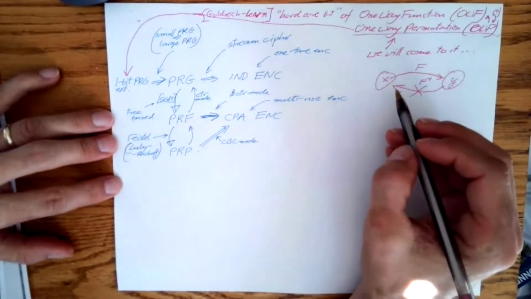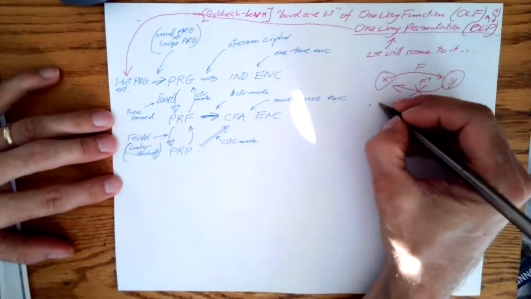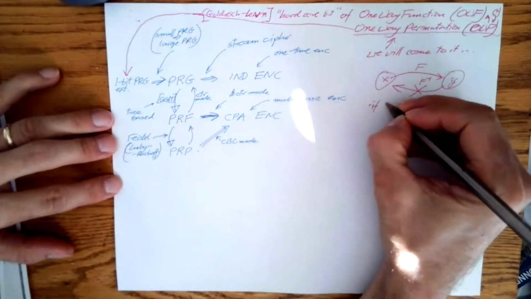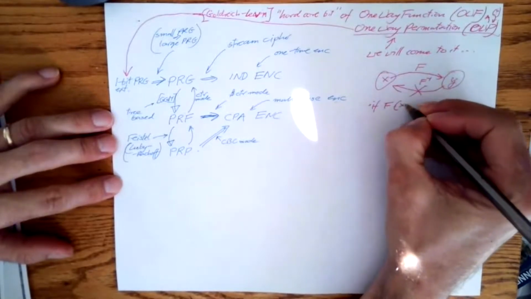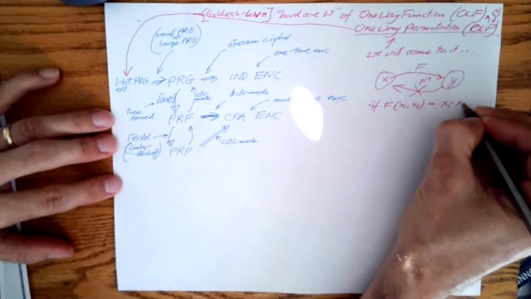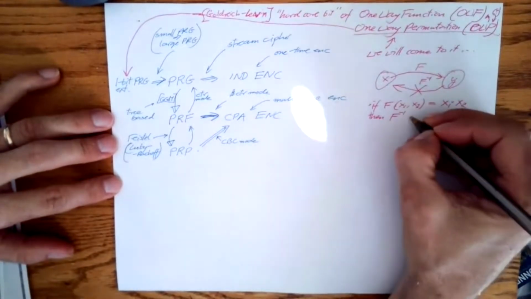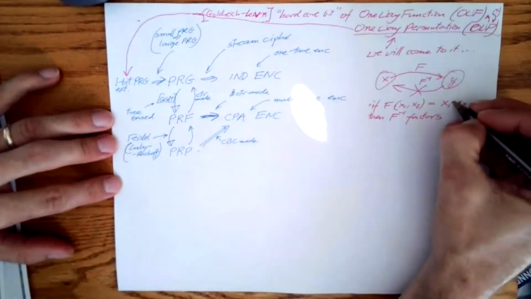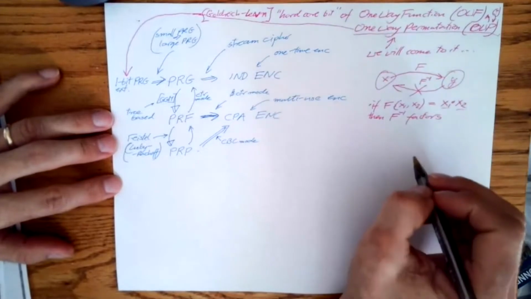For example, if f takes two numbers, x1 and x2, and outputs the product, then f inverse factors the input into its factors.